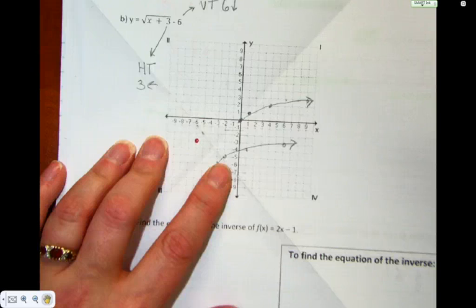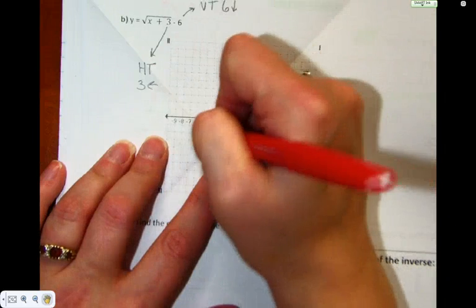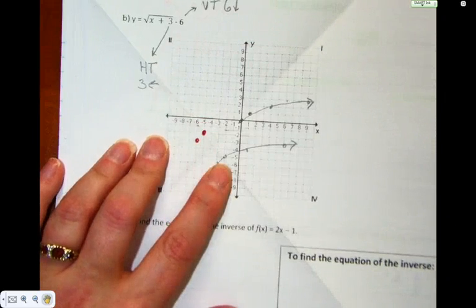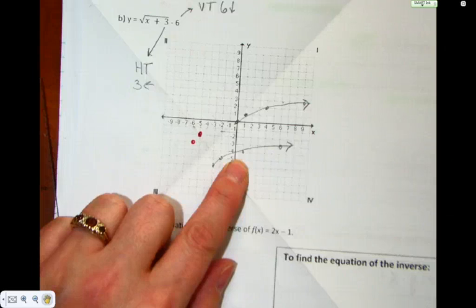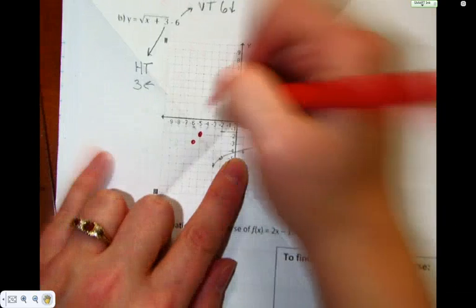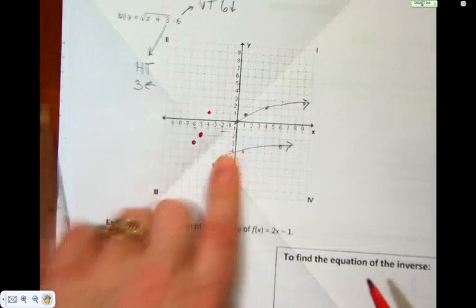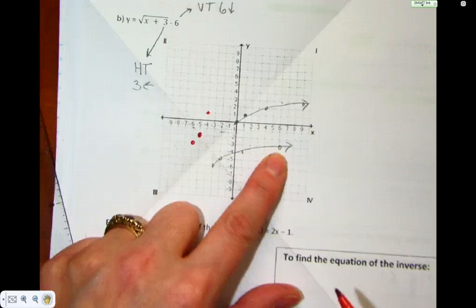And flip them. Flip them. And the third point is 1, -4. And the last point was 6, -3.